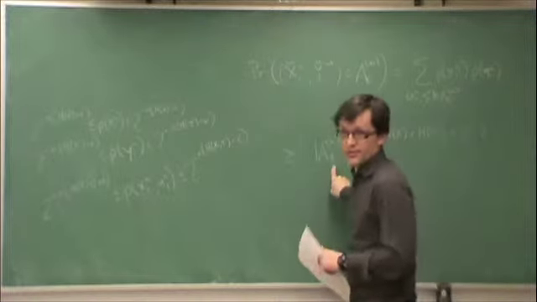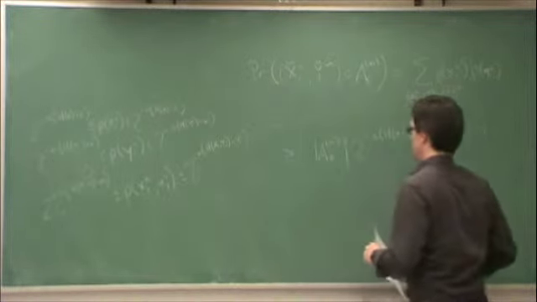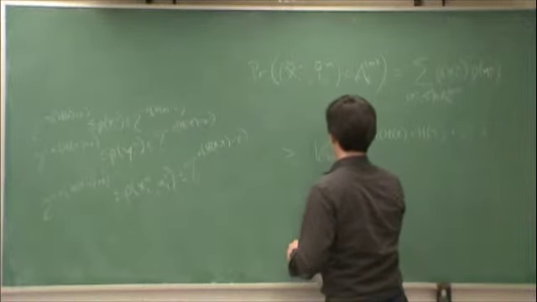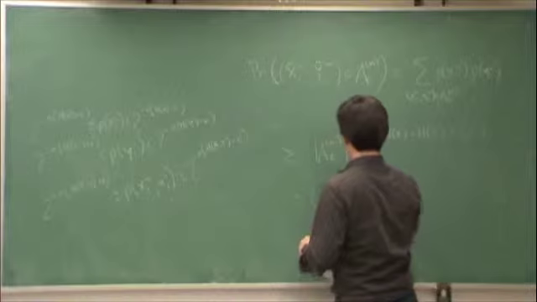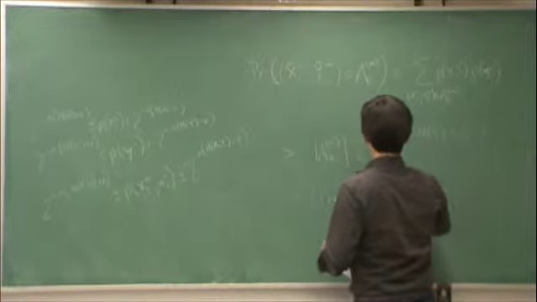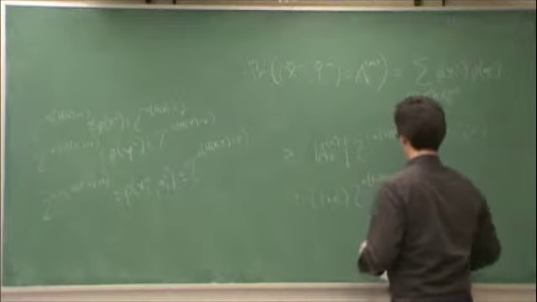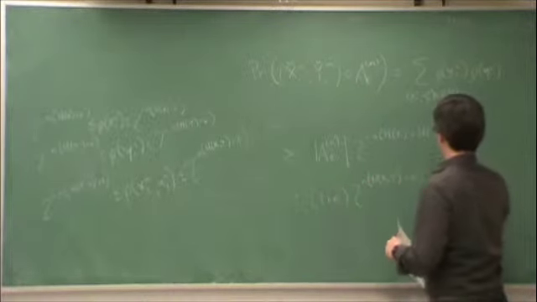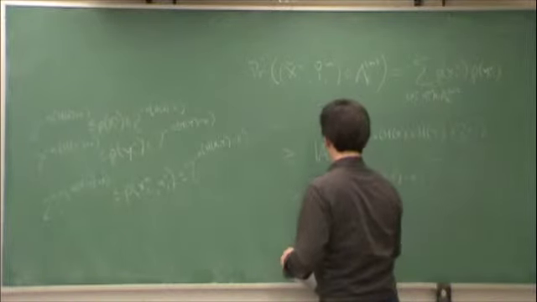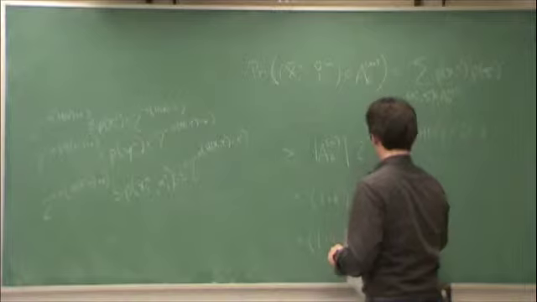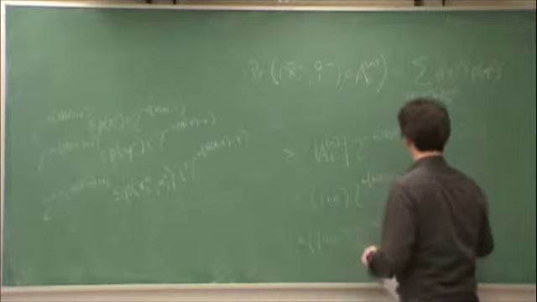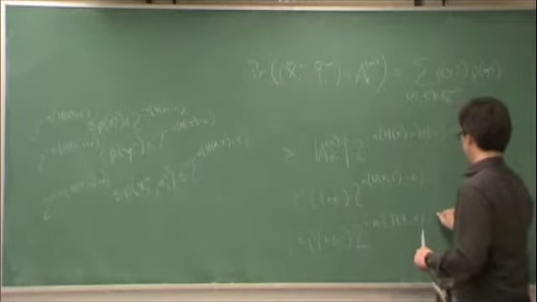And then I can substitute the lower bound for the cardinality of the typical set in there, which is 1 plus epsilon 2 to the n h of x and y jointly minus epsilon times 2 to this term, which is equal to 1 plus epsilon 2 to the minus n I of x and y plus 3 epsilon.